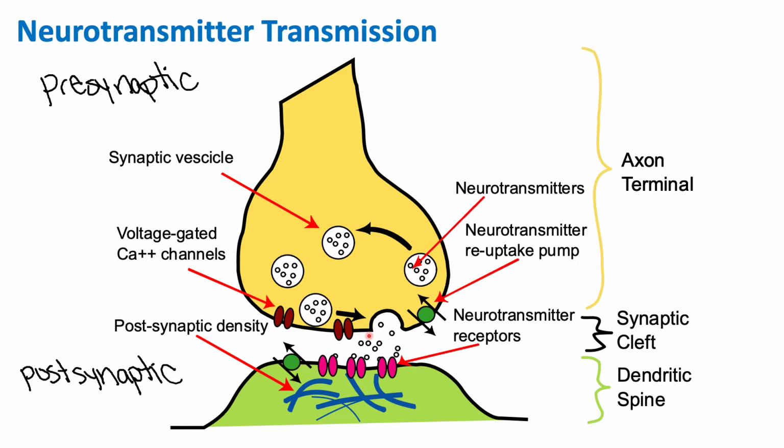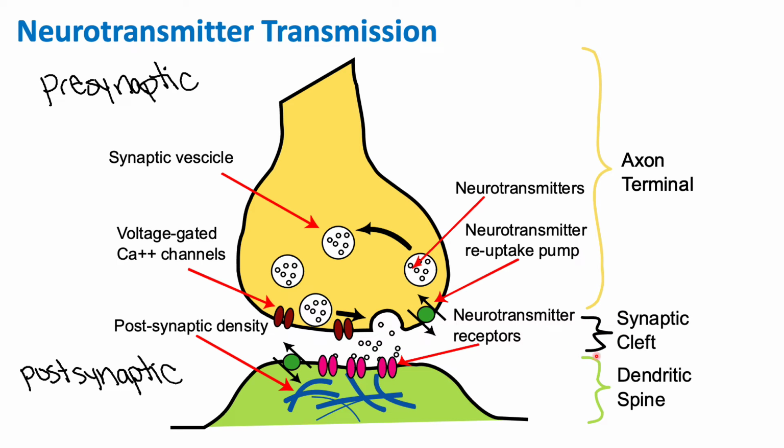Now, when that vesicle binds to that cell membrane, it causes the neurotransmitters inside those vesicles to be passed on to that second neuron through exocytosis. So these neurotransmitters will leave the vesicle through exocytosis, and they will now enter the synaptic cleft.